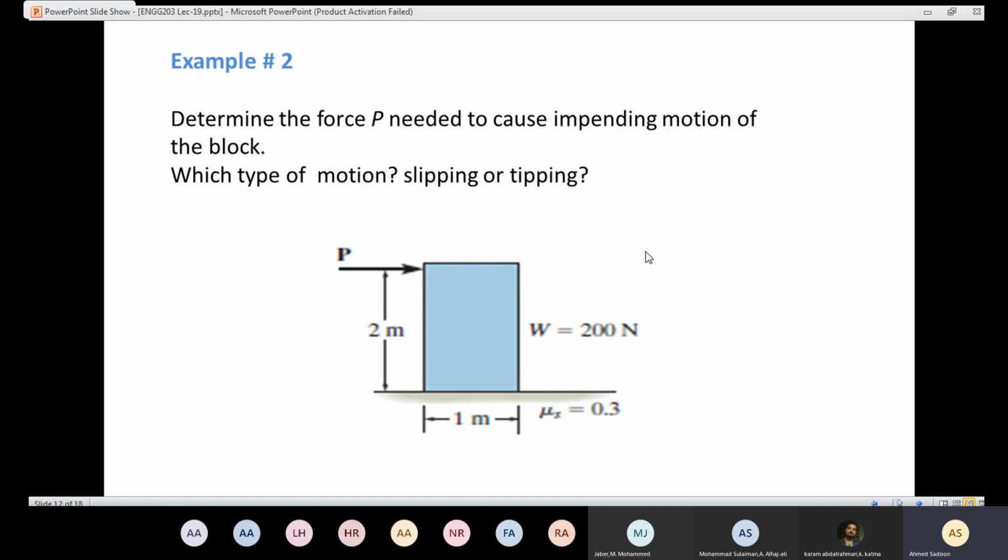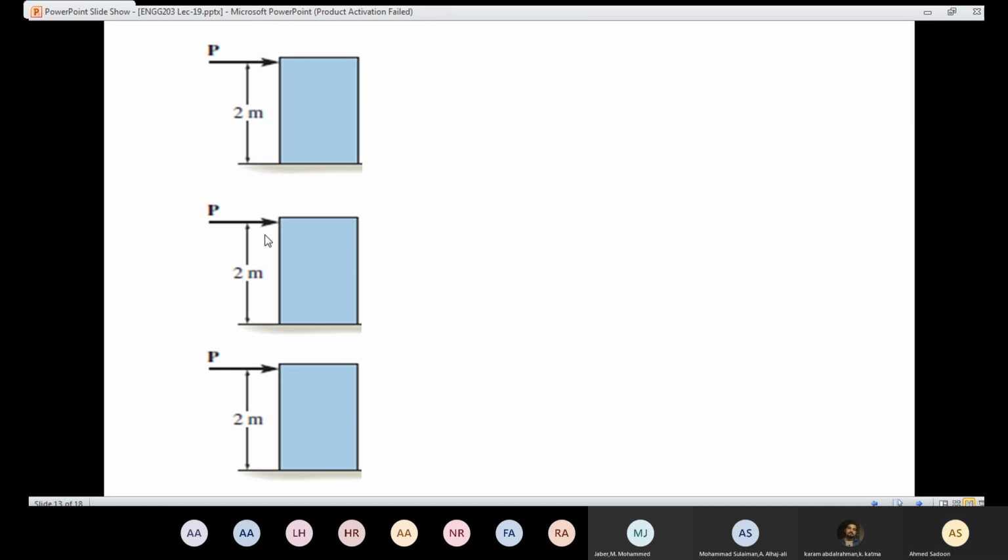So we are going to first understand the motion itself. At first, the value of P will not cause anything. In that case, the box is stable. And if I increase the value of P, then the box is going to be unstable.